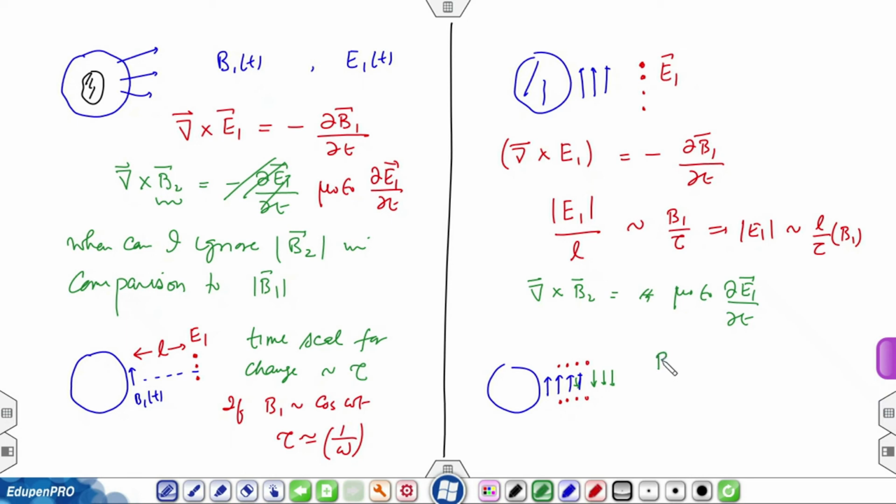Because the time scale would be tau, mod B2 over L, the curl equation will give you that it is of the order of 1 over c square mod E1 over tau. And if I put the value of E1, which is B1 by tau times L, this gives B2 of the order of L square over c square tau square B1.